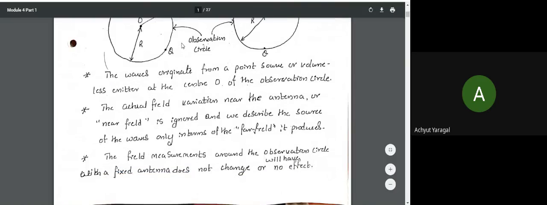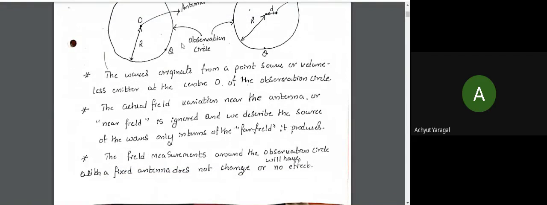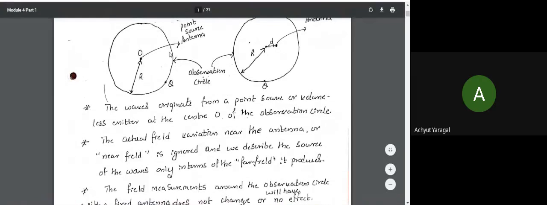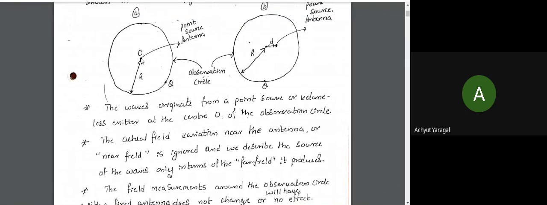Now, regarding the field measurement around this observation circle, if the antenna is fixed at the center of the circle, we will not have any change in the field measurements from the observation circle.